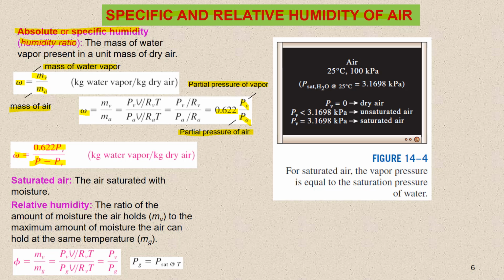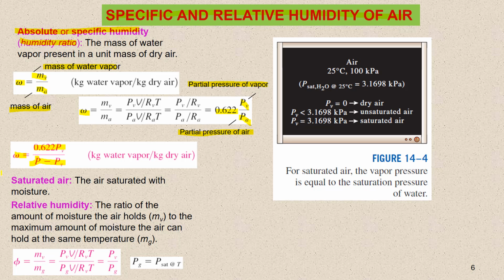So let's consider 1 kilogram of dry air. By definition, dry air contains no water vapor, and thus its specific humidity is 0. Now let's add some water vapor to this dry air. The specific humidity will increase. As more vapor or moisture is added, the specific humidity will keep increasing until the air can hold no more moisture.